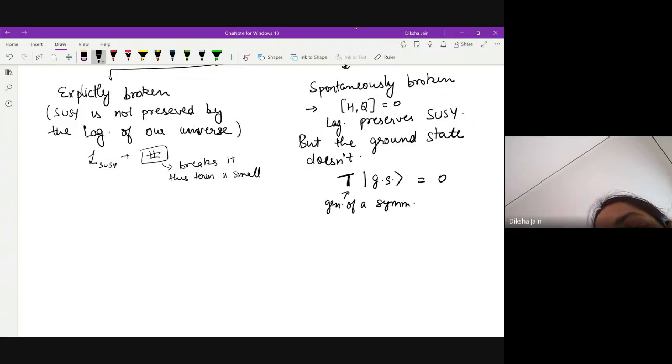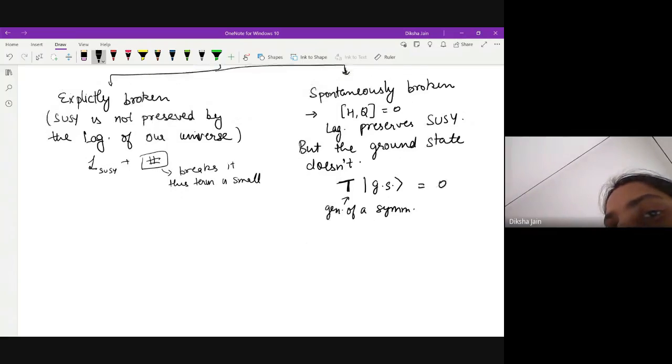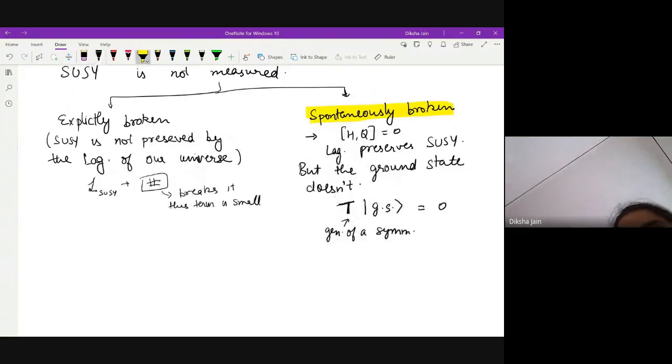But if the ground state doesn't preserve the symmetry, then you say that the symmetry is spontaneously broken. So if you take the Hamiltonian or the Lagrangian and do supersymmetry transformations, it will preserve supersymmetry. But then when you compute the spectrum and check whether the ground state preserves the supersymmetry or not, you find that the ground state doesn't preserve supersymmetry. Then we say that the symmetry is spontaneously broken.